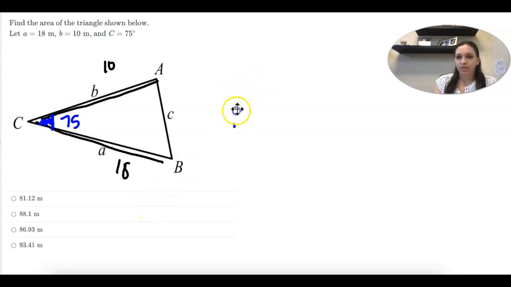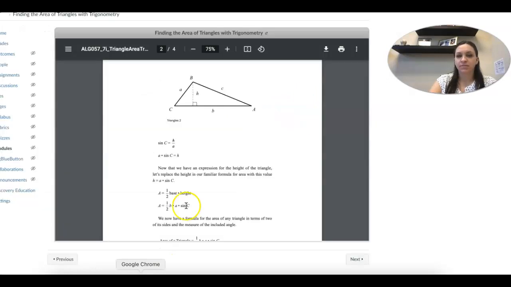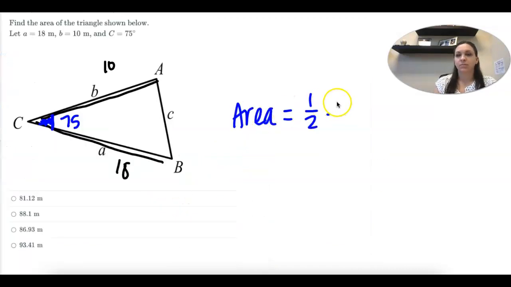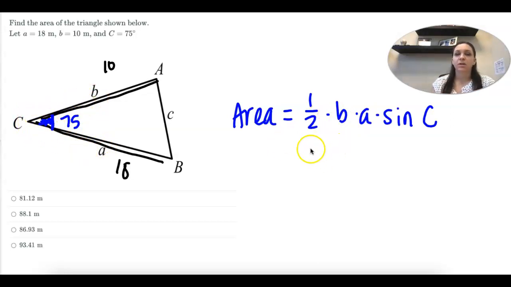Our formula for the area is 1/2 times, and they always use B times A, times sine of C. Those might change. If you always want to use those letters, that's fine. Just make sure that B and A are the sides that make up that angle.